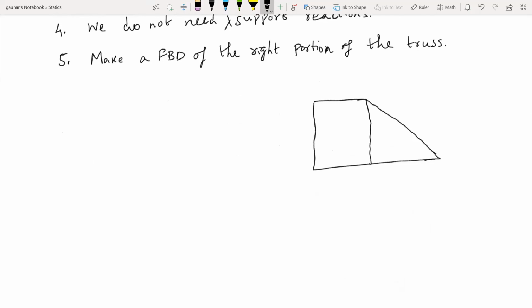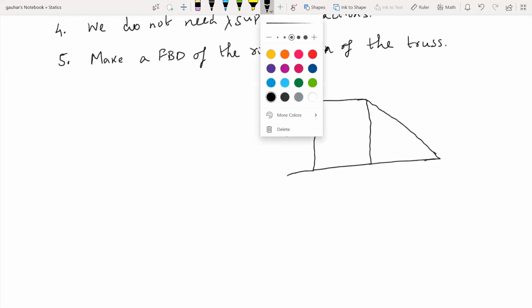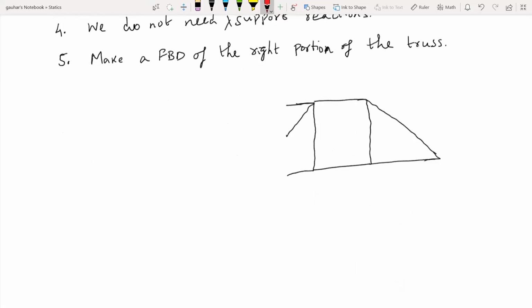Okay, something like this. And we have a cut here, right? So this is your cut A-A, and this is the right side of the cut section.